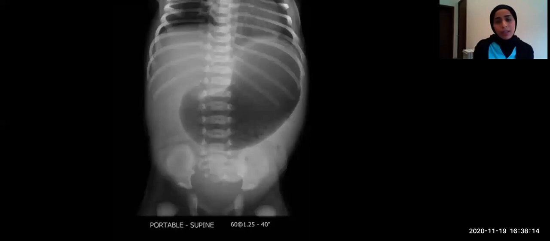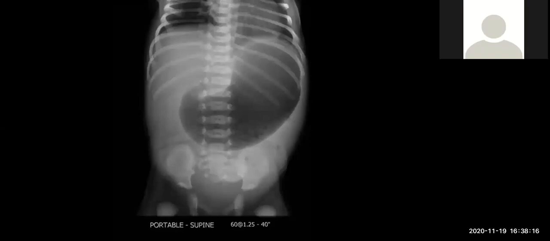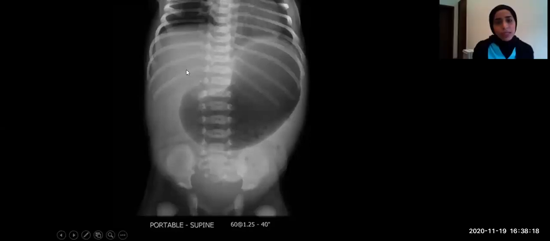And this is, I think, our last example case, which shows an abnormally dilated large air-containing structure in the right and midline of the abdomen, resembling the gastric shape. In addition, you don't see any air elsewhere, and the rectum is empty, with no air in the rectum.